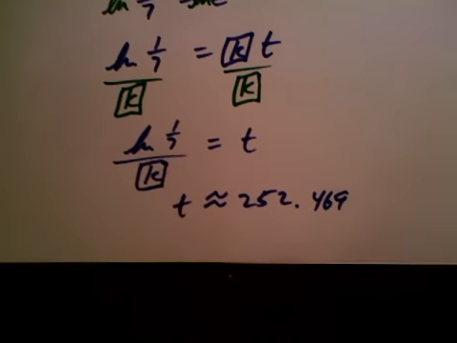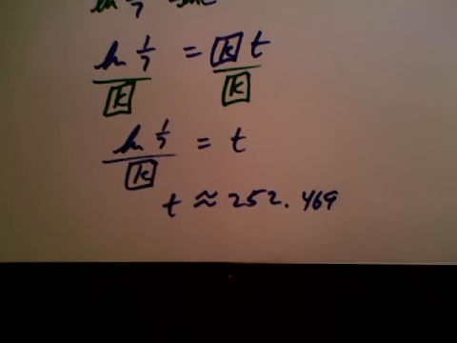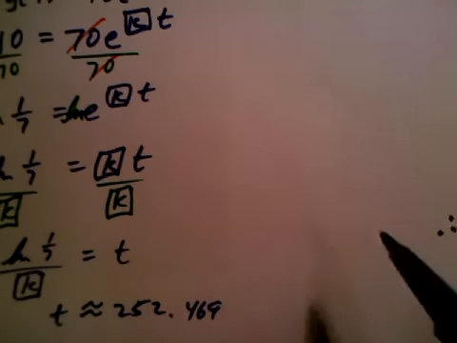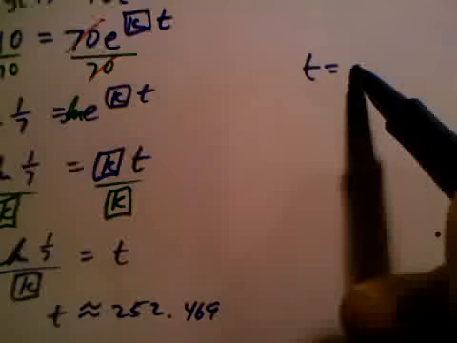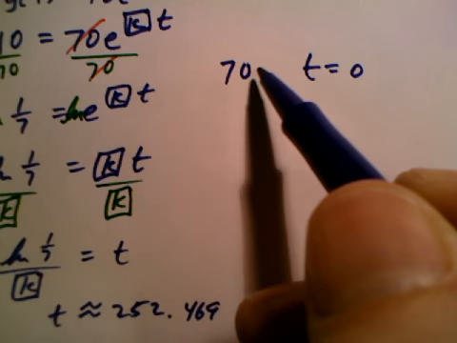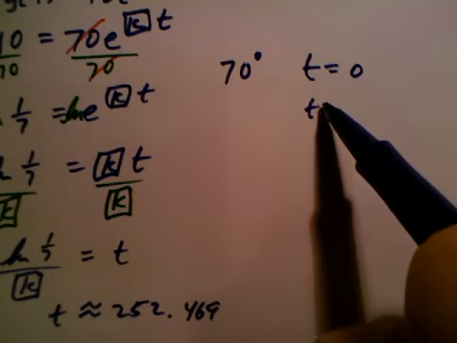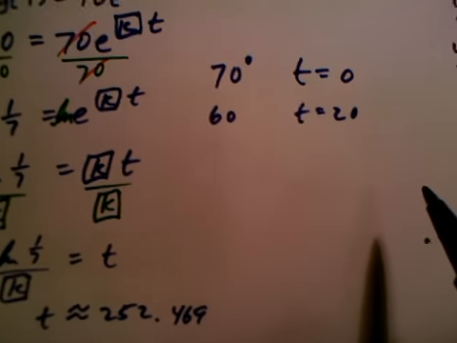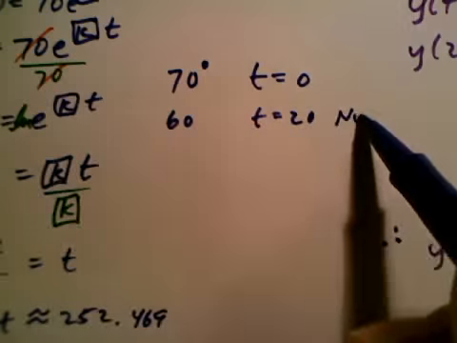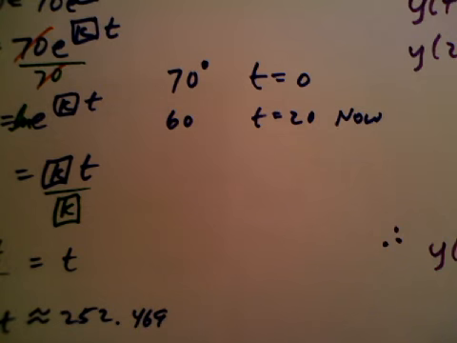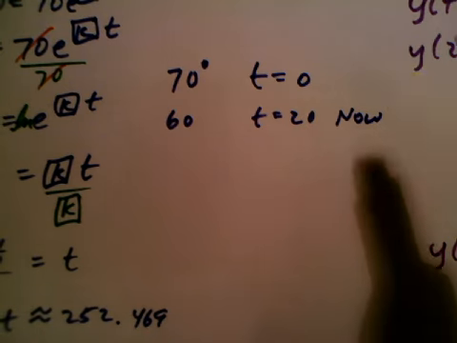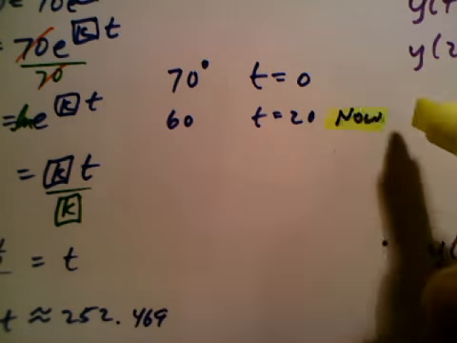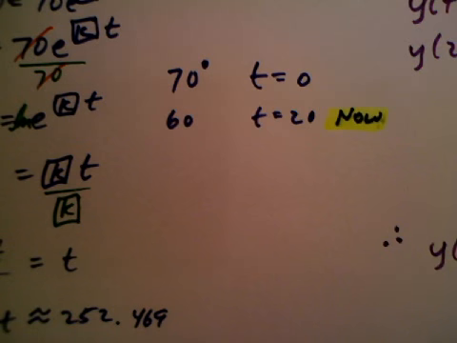Okay. The t value, remember, when t equals 0, that was when we had 70 degrees. T equals 20, that was 60 degrees. But again, that was the now. And the question is asking, when will the silver be 10 degrees Celsius above?